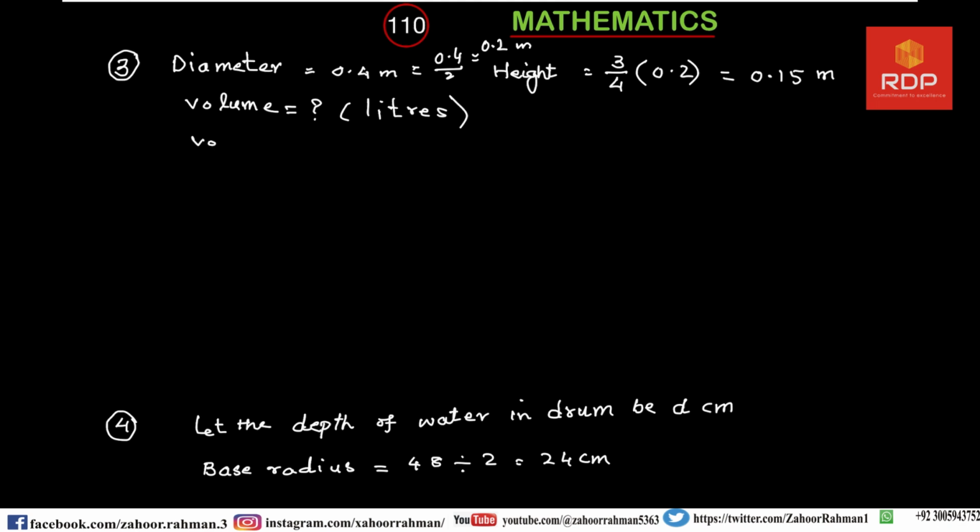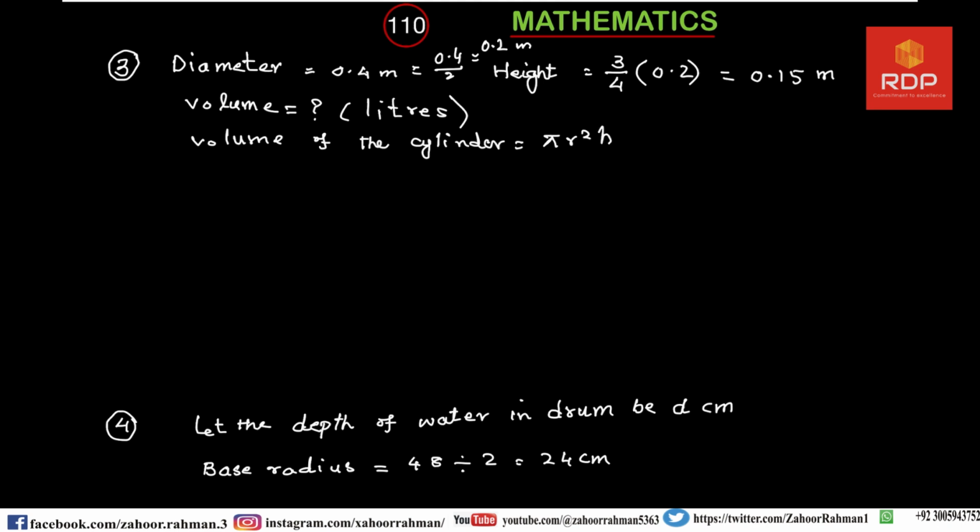Let me write the formula that volume of the cylinder is equal to pi r square h.